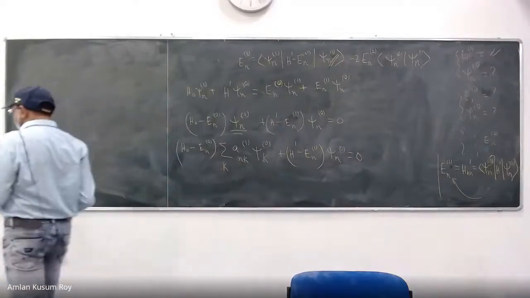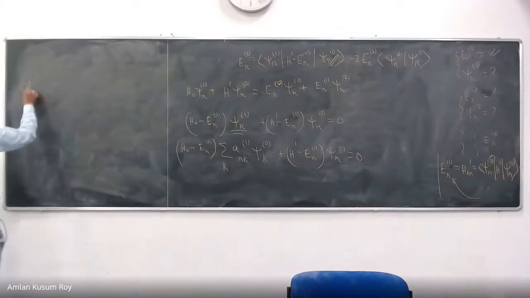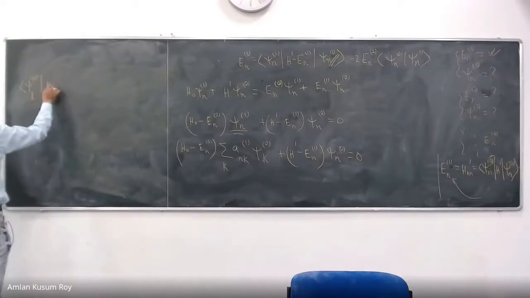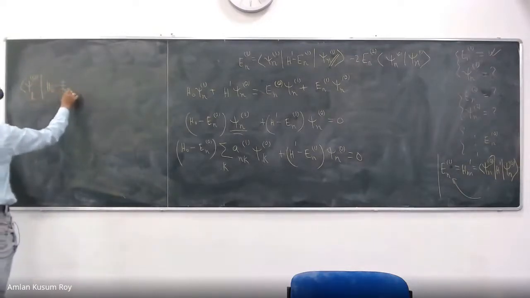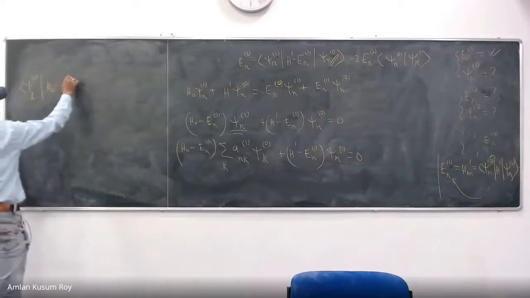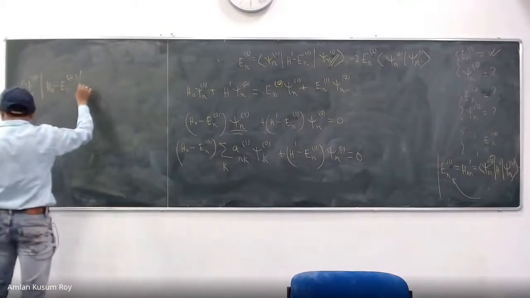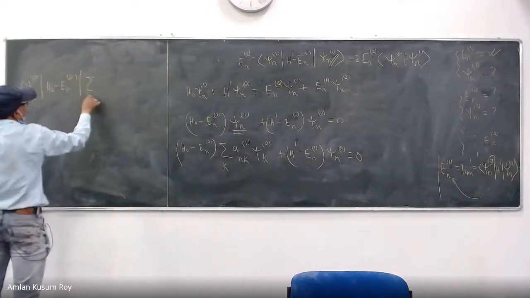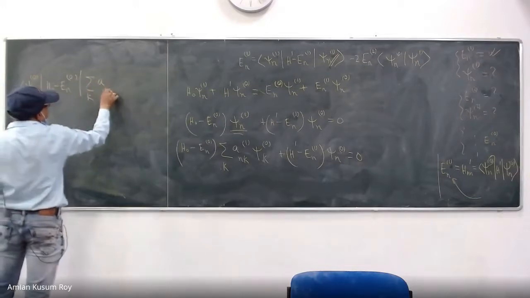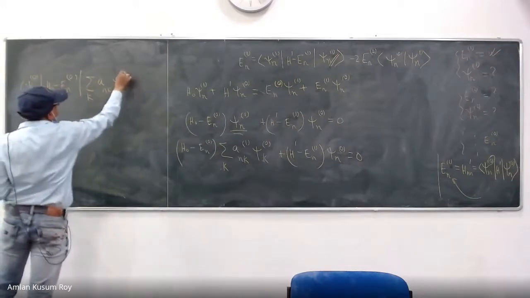So psi L0, (h0 minus en0), sum over k of a_nk1 psi k0.